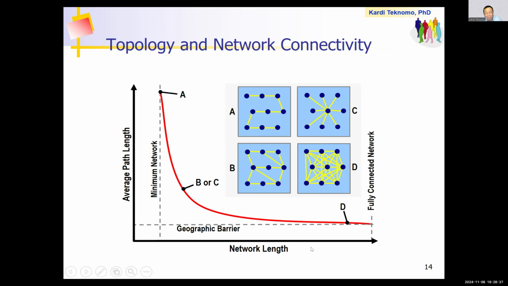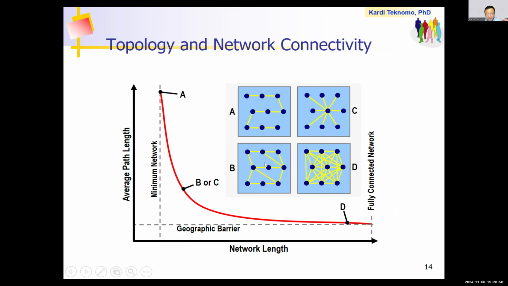That means the total network length is the highest. But you can also have the minimum network, which is just connecting all these dots by just one link. So we also have somewhere in between.